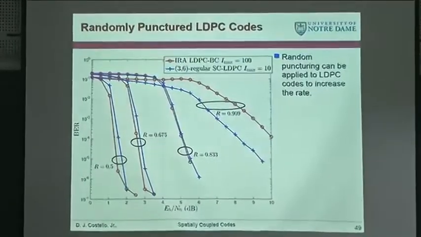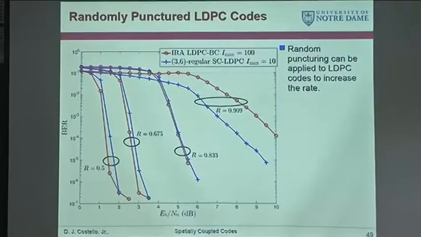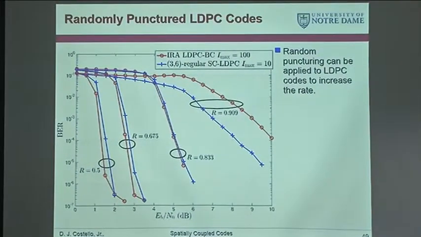Now this is what happens if we do random puncturing of the irregular repeat accumulate code and the spatially coupled code. We puncture up to rate 2/3, and we have a similar thing. Again, the IRA code is starting to show a little error floor.